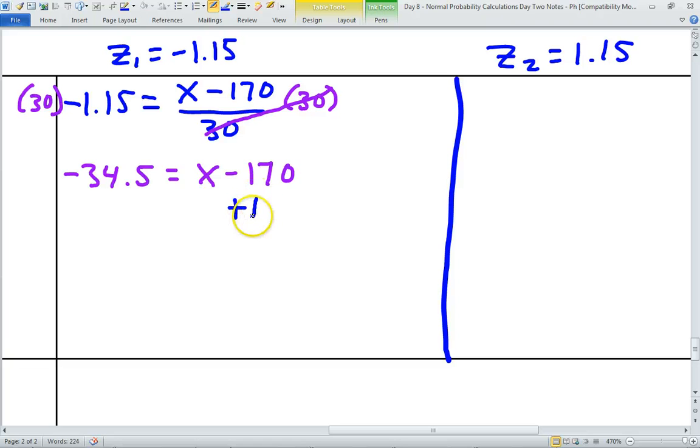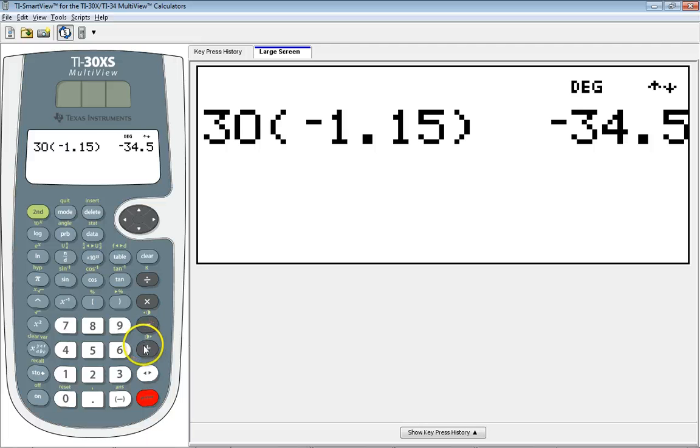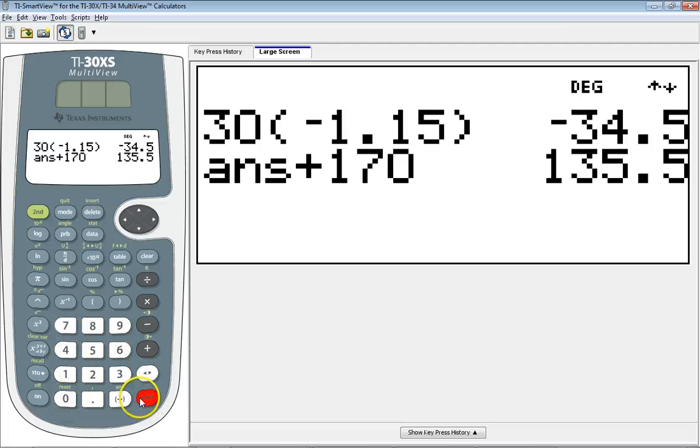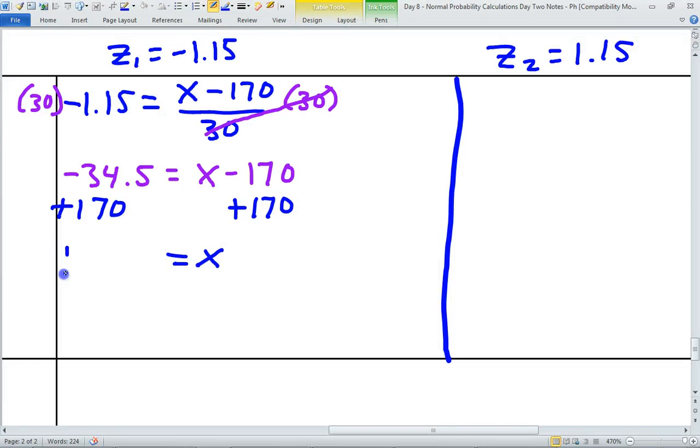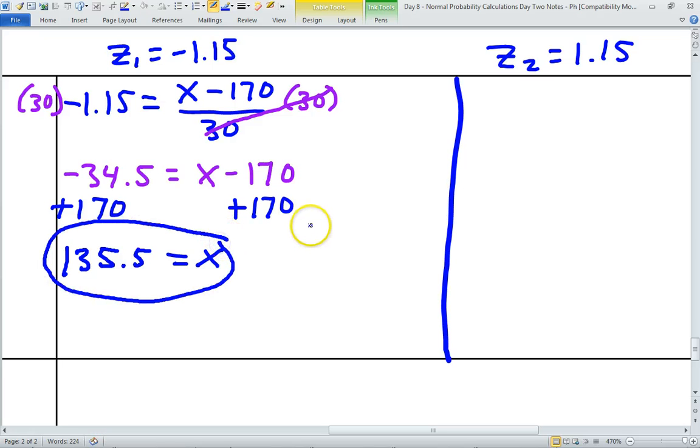Let's add 170 to both sides. So I can just do plus 170. 135.5. Okay, that's one of the values on the boundary. That's the lower boundary in cholesterol.